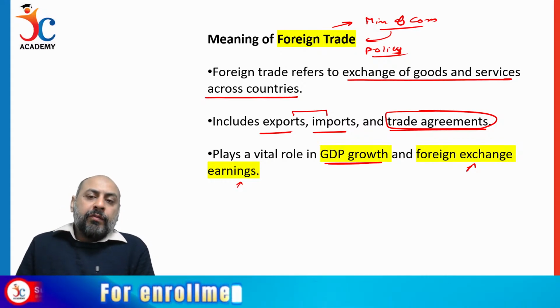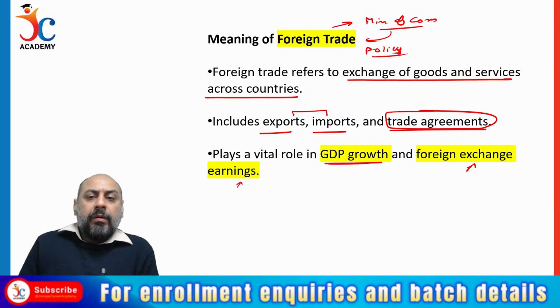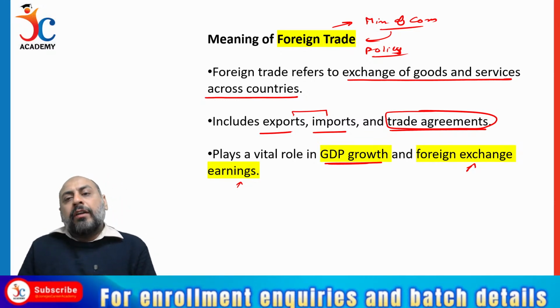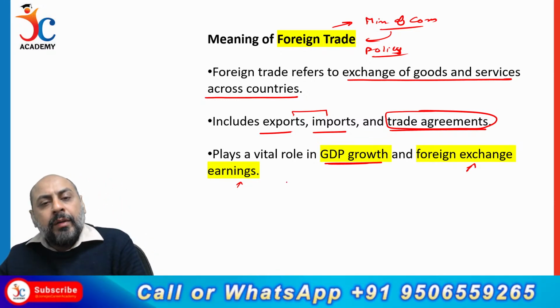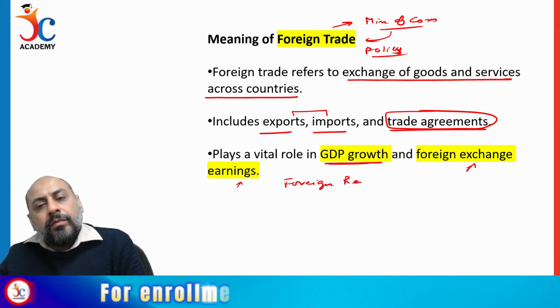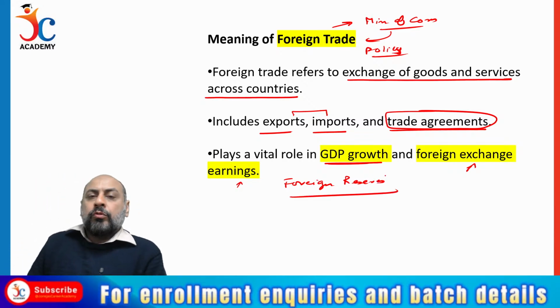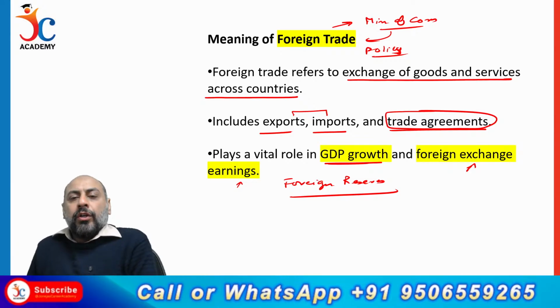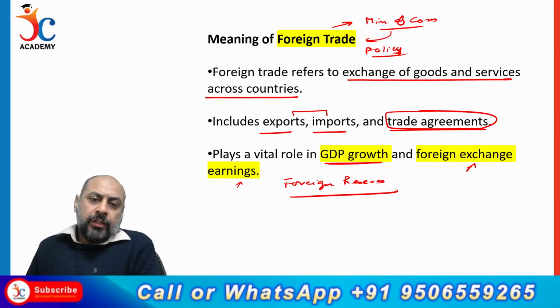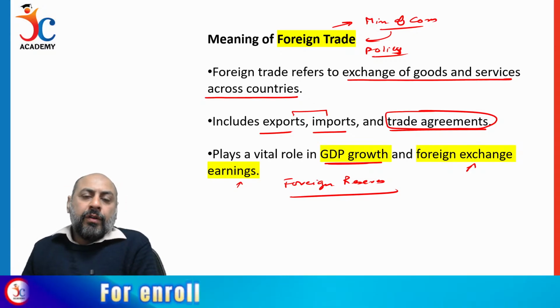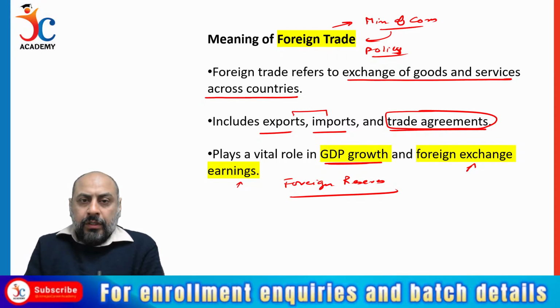If you have a positive balance of trade, you will have better foreign exchange earnings, and foreign exchange earnings will help you have better foreign reserves. If you are supposed to buy oil, or pay somebody for defense equipment, you will need this foreign currency, and thereby you need better foreign exchange earnings. So I think this is understood.